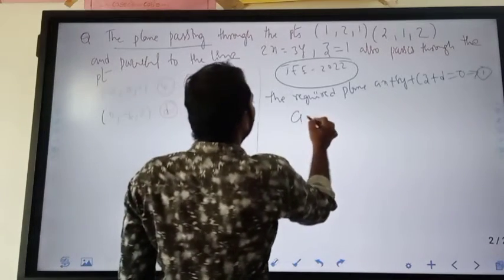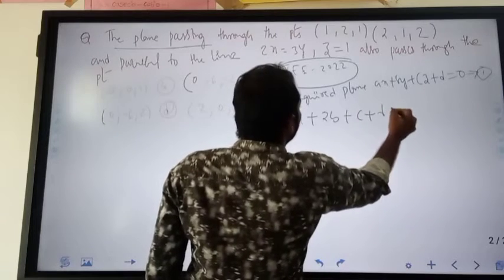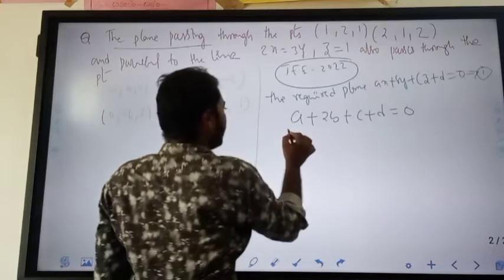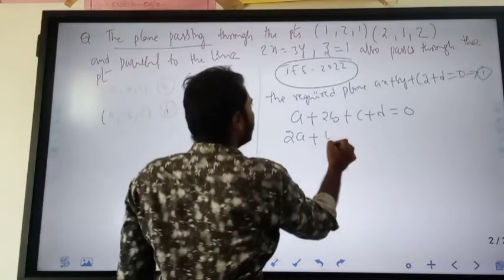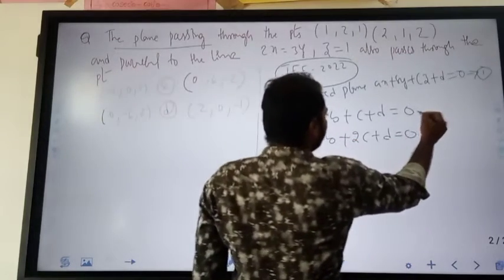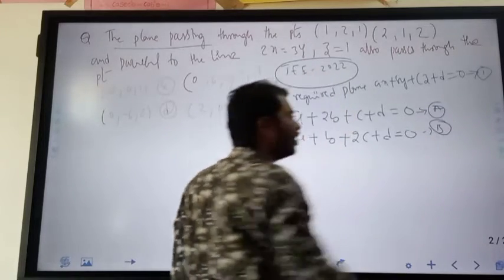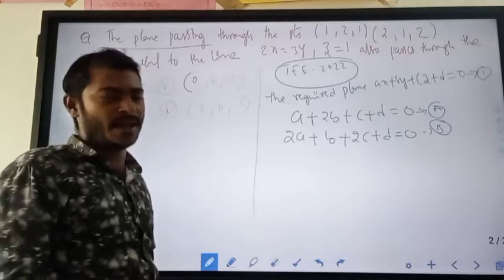We get a + 2b + c + d = 0 and 2a + b + 2c + d = 0. These are equations A and B.